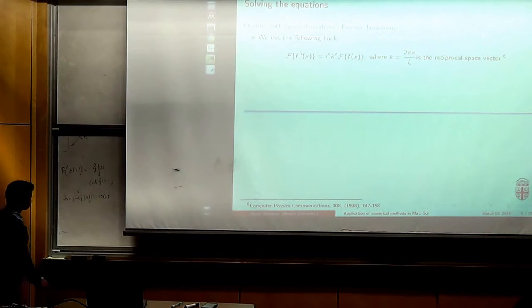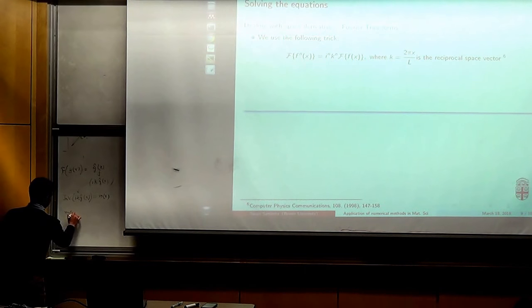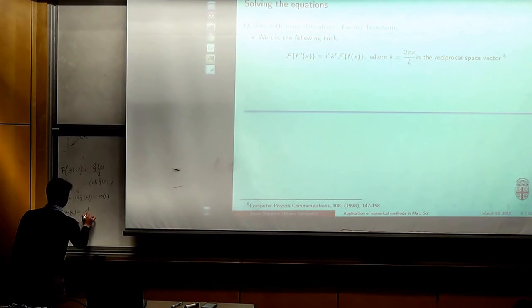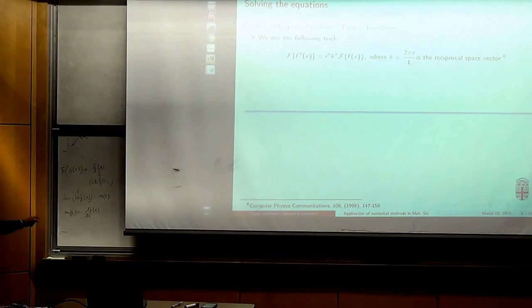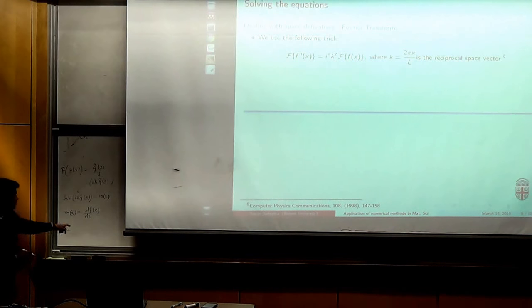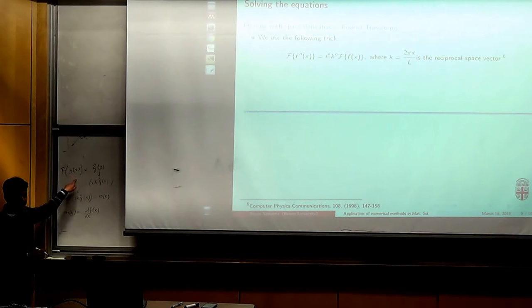The fun thing here is that m of x is nothing but the derivative of f. So if we take a function, do the Fourier transform, multiply that with i k at each point, and then inverse Fourier transform it again, the final function that we get will be the derivative of the initial f of x.